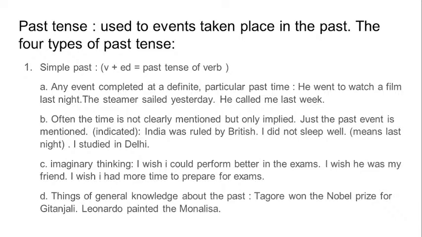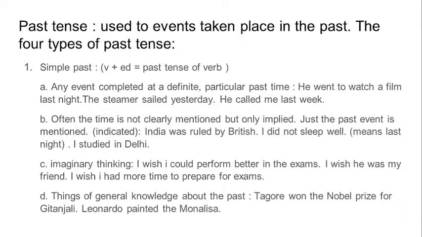In the second category, see, often the timing is not mentioned but it is implied. And what does that mean, implied? That means it is indicated. You have to understand, the past event is mentioned and it is indicated. The timing exactly is not provided.